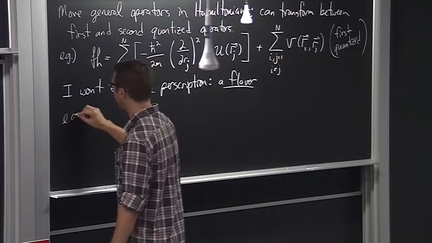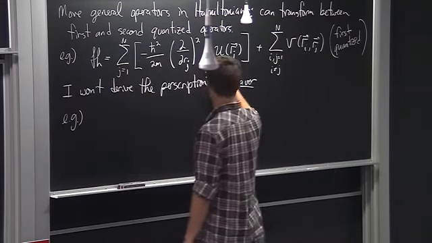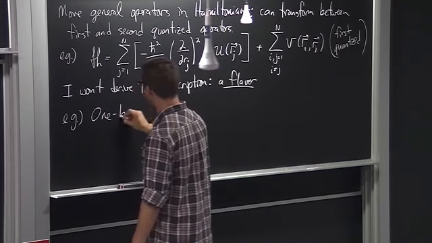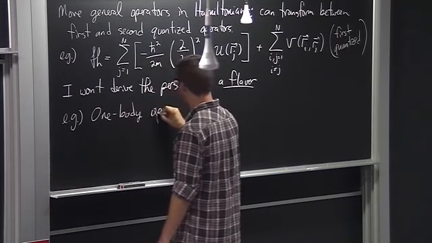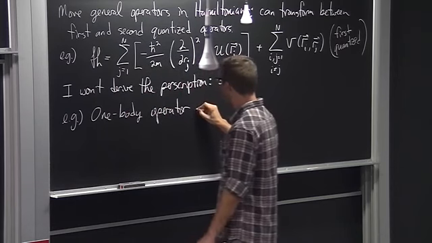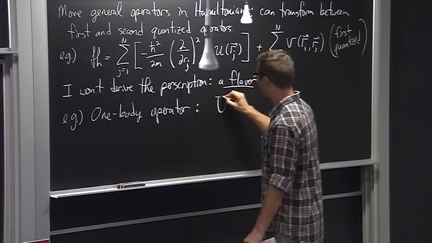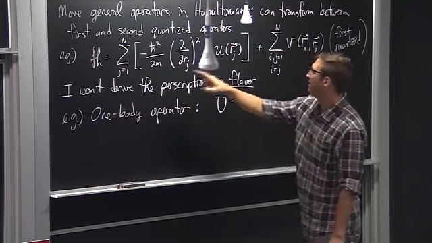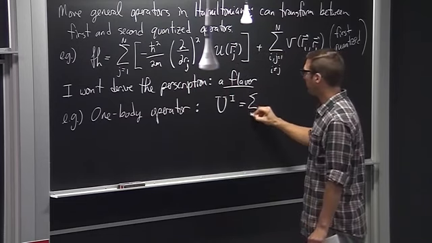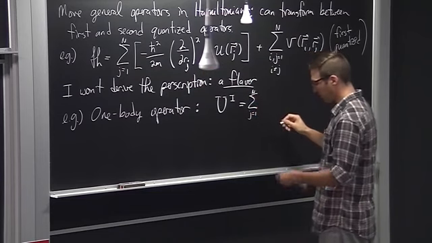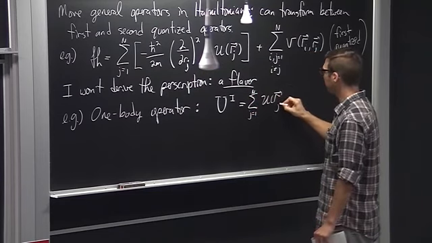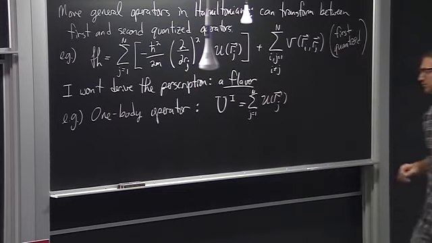Let me look at the one-body operator. I'm going to call it U. That's a one-body operator, summed over all particle indices. R just labels the particle number.